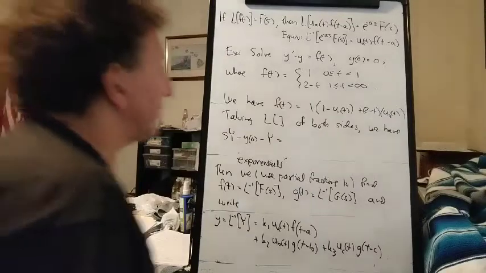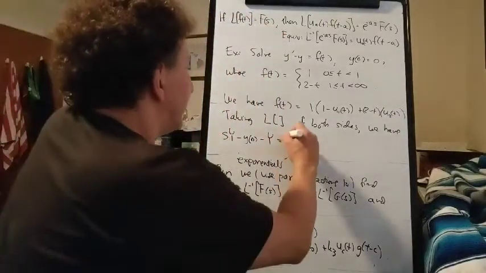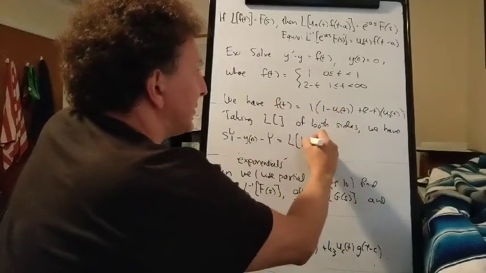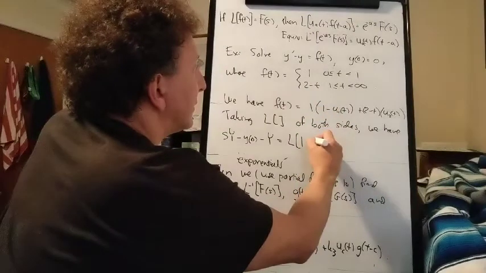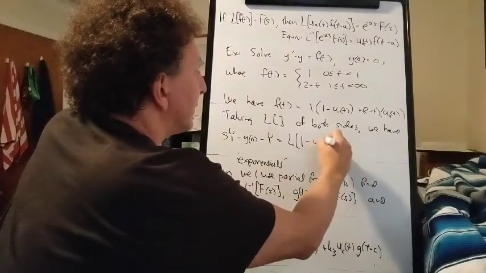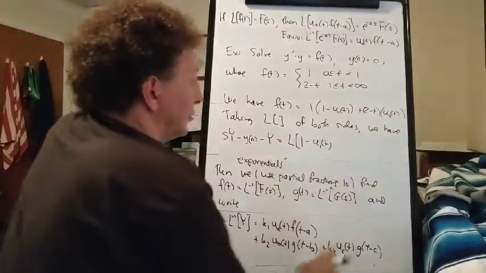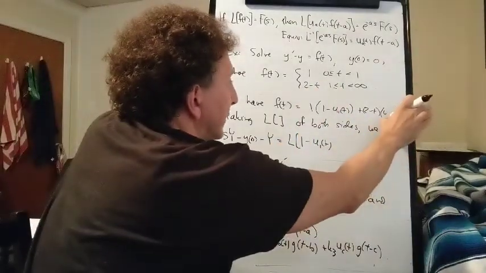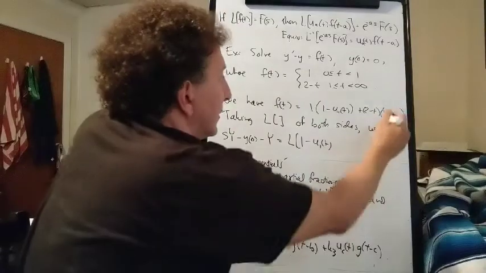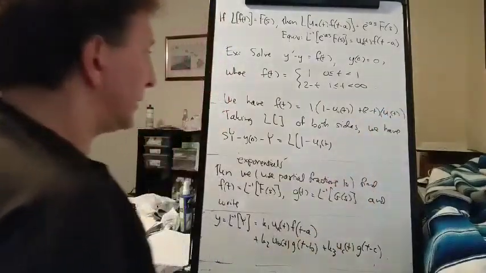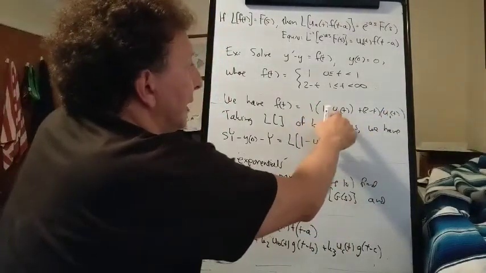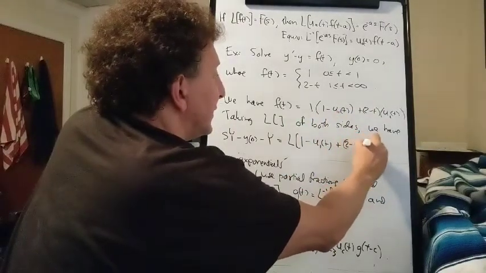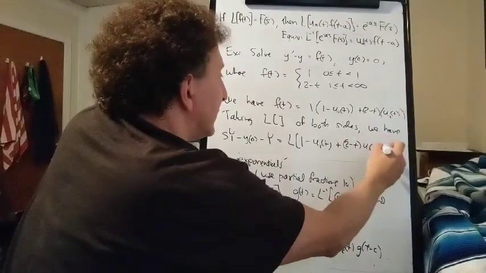I guess I really should simplify the right hand side. So what do we have? 1 minus u1 of t, and this should be a u1 of t here, because starting at 1 we have the second function. So 1 minus u1 of t plus 2 minus t u1 of t.